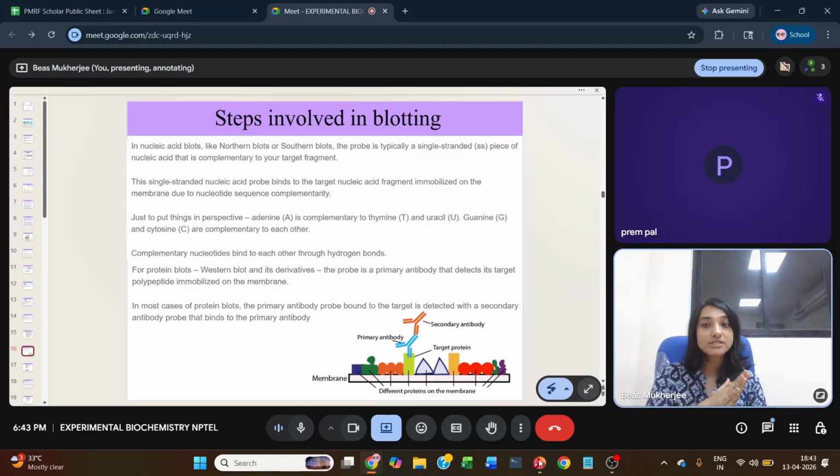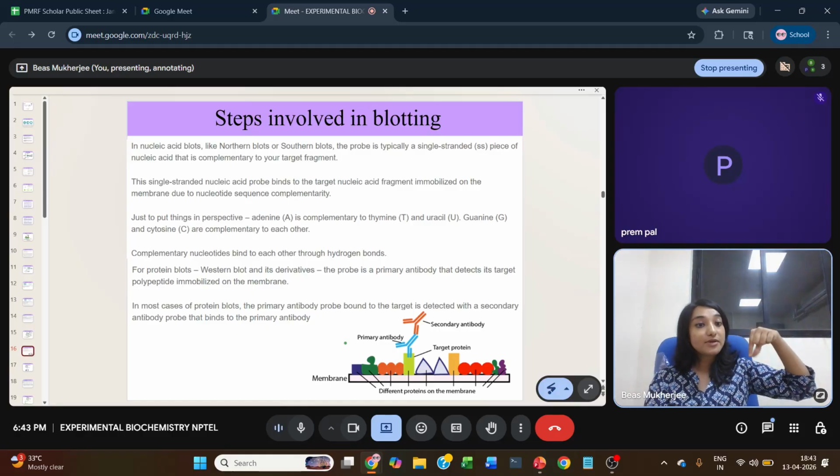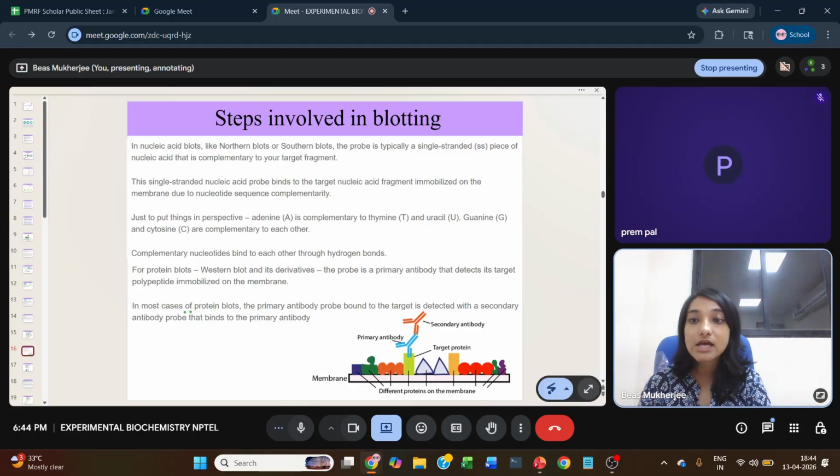For protein blots, western blots and its derivatives, for example, far western blot, northwestern, etc., the probe is the primary antibody. You can see in the figure, right? So this is the target protein, and here is your primary antibody. Now this Fab region of the primary antibody will come and bind to the target protein, right? So the paratope comes and binds to the target protein.